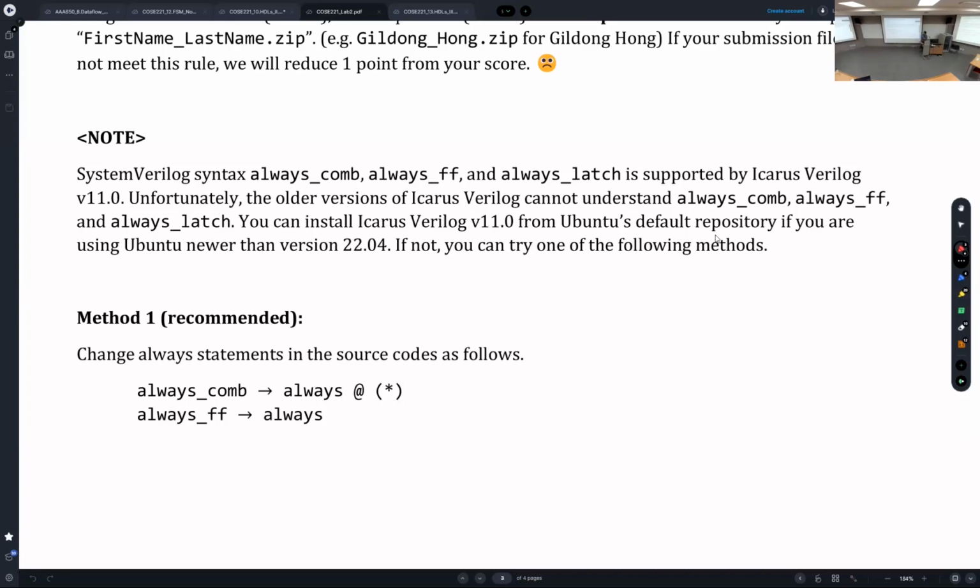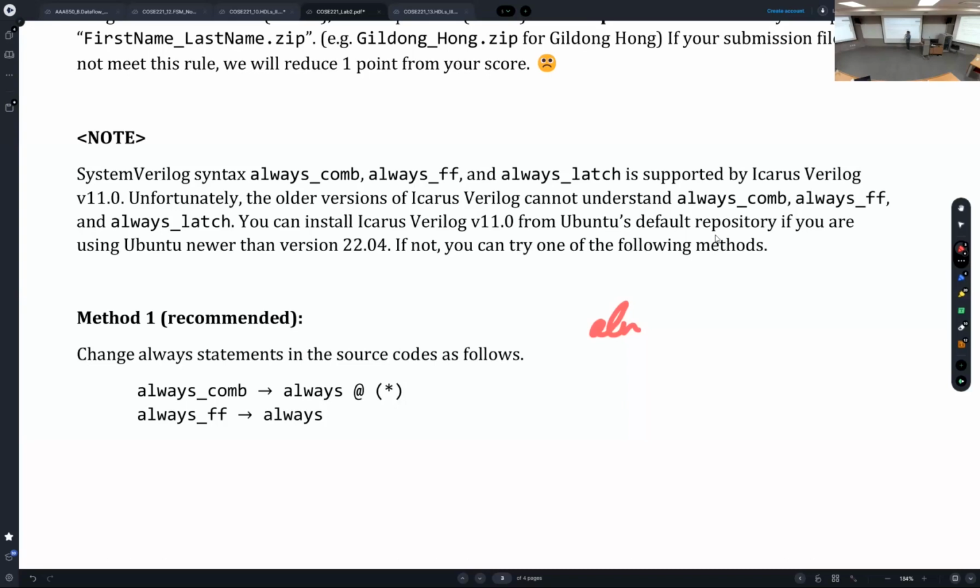I mentioned that in Verilog, not SystemVerilog, so Verilog being the older version of SystemVerilog, we use only always, not always_comb, always_ff, or always_latch. Always_comb is equivalent to always @ star. Star means everything, so this is the sensitivity list, which monitors every signal.